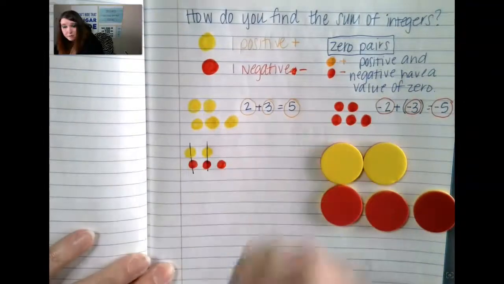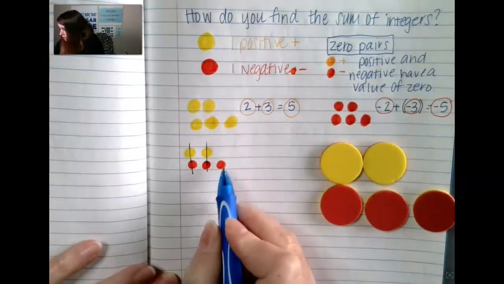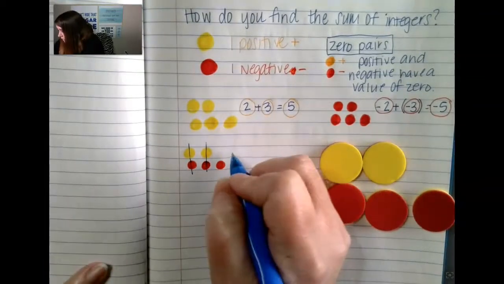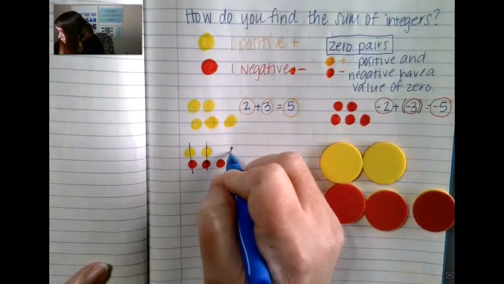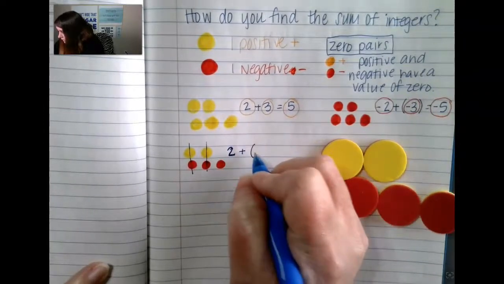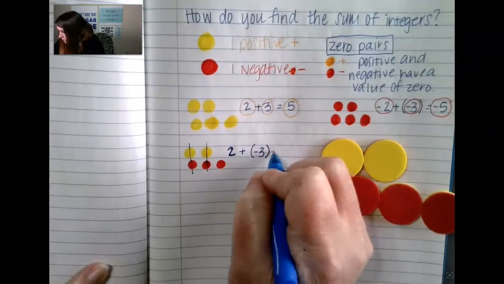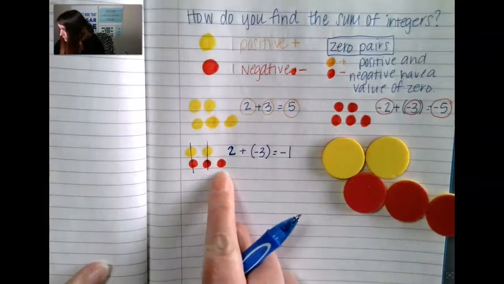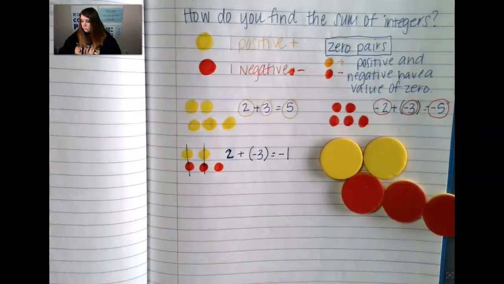I have a 0 pair, that goes away. And all that I have left now is just a -1. So I have 2 plus -3, and then I end up with -1 because there's 1 left over.